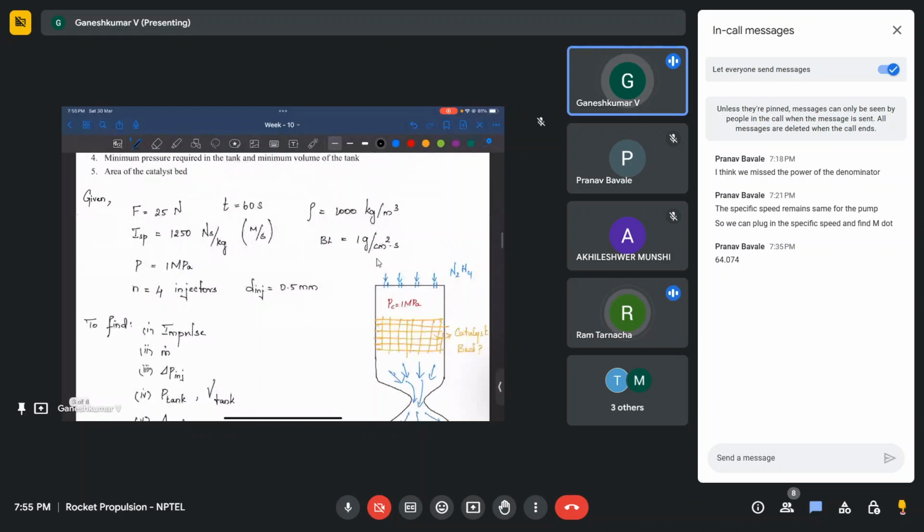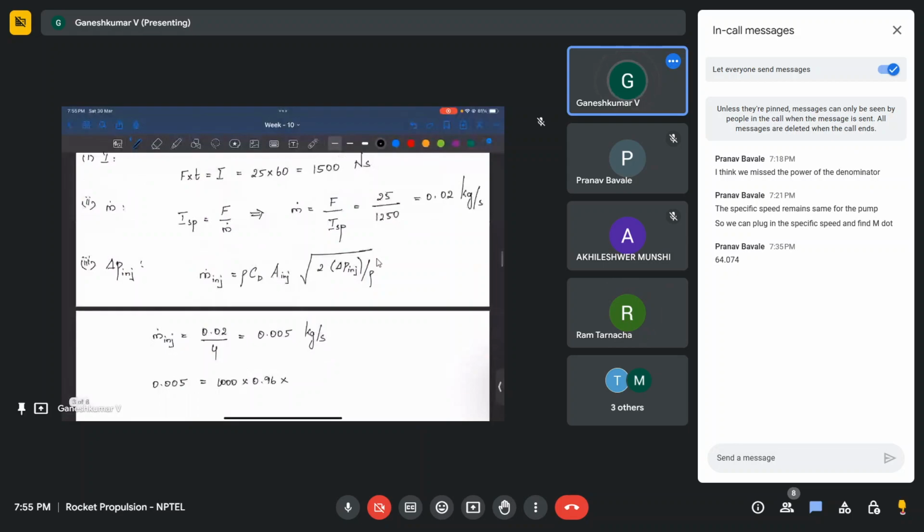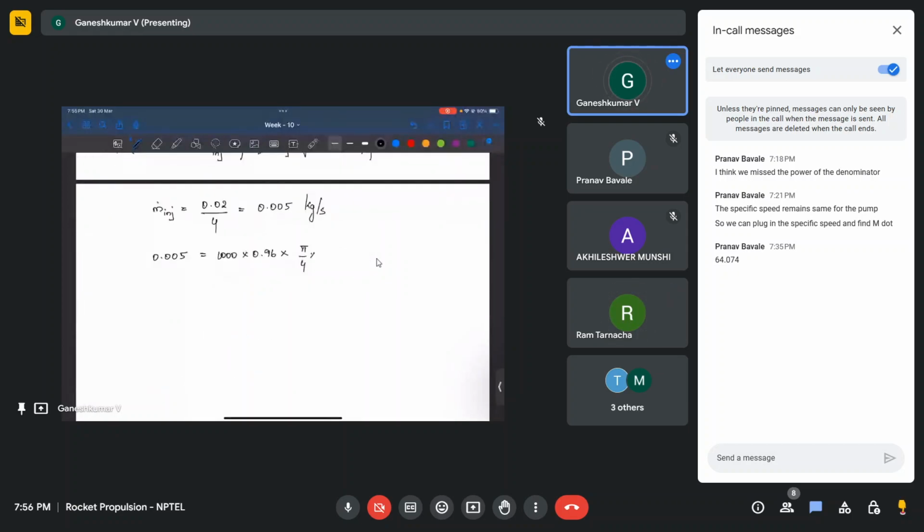We know the diameter of the injector, it's 0.5 mm. So we can write the area of injector to be pi by 4 into 0.5 into 10 power minus 3 whole squared, into square root of 2 into delta P, which is what we are finding out, divided by 1000.